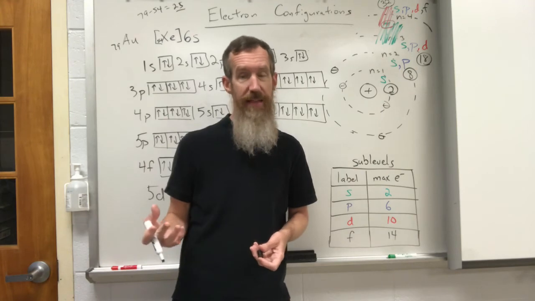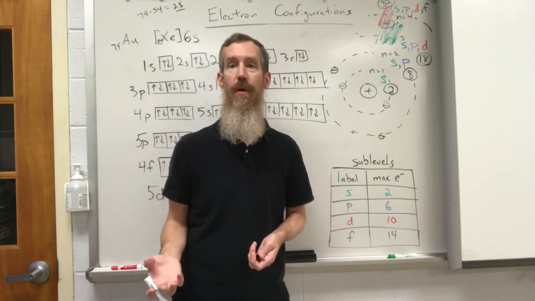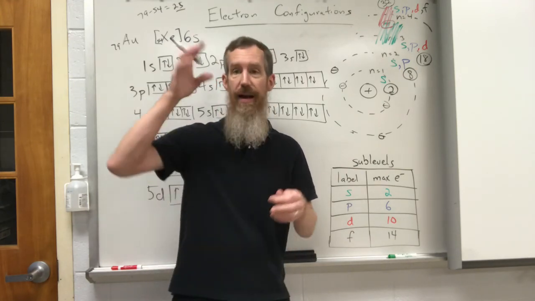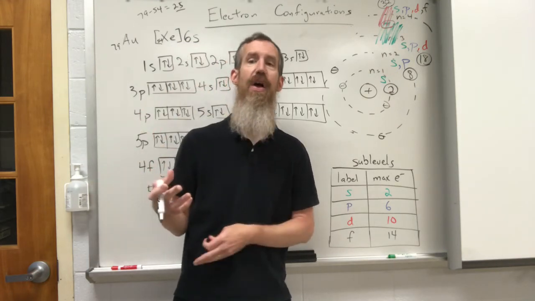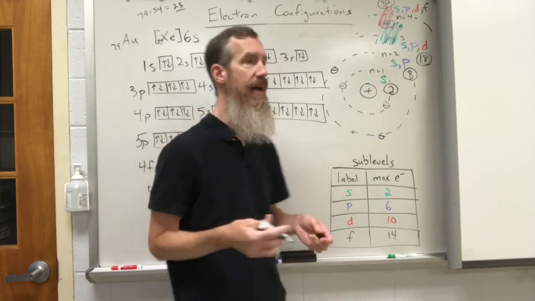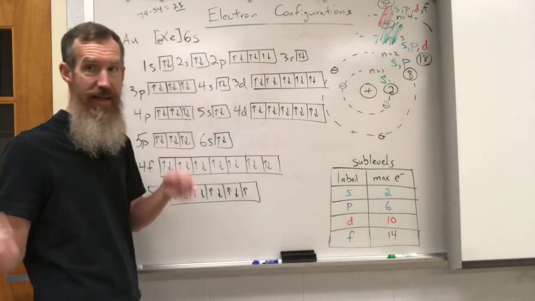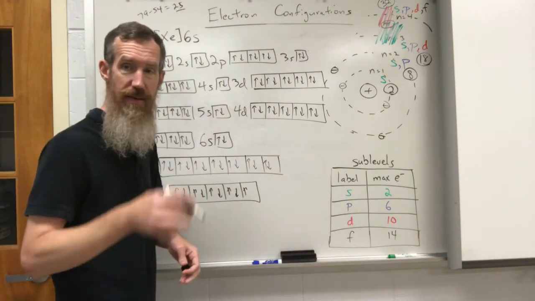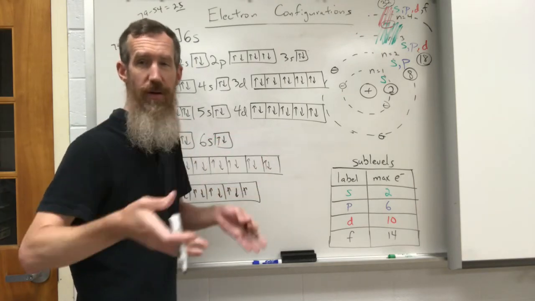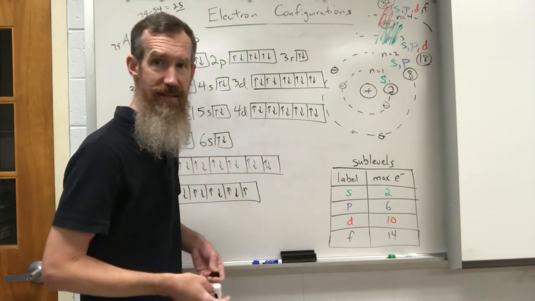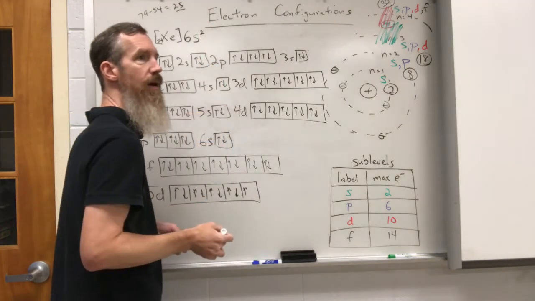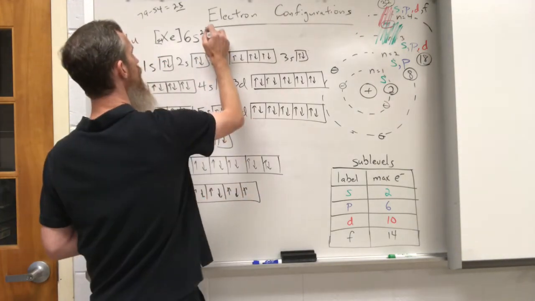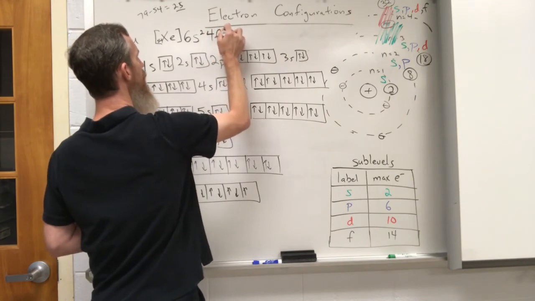And once we know that, then we can pick up the configuration from that point. We can go to that guide that we had with the arrows and pick up from 6s the rest of the configuration. I kind of know this in my head, but you're going to have to follow those arrows. Hopefully you wrote a copy of those arrows off to the side somewhere. So we're going to fill in 6s2. And then we're going to go to 4f14.